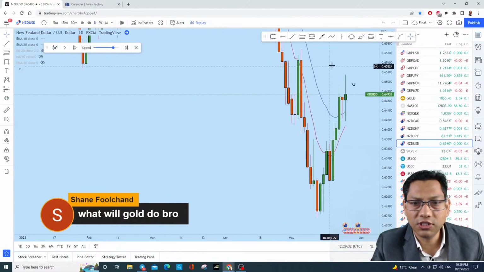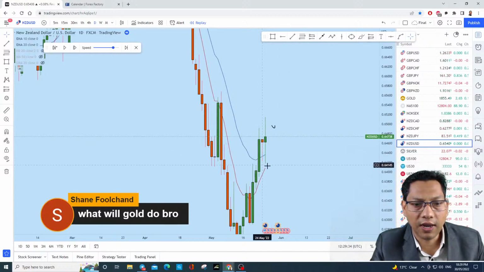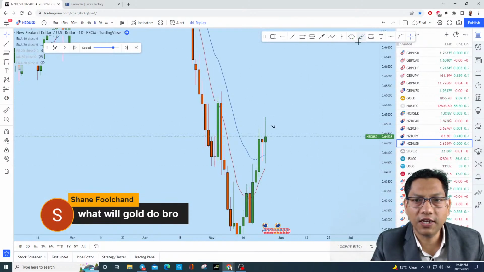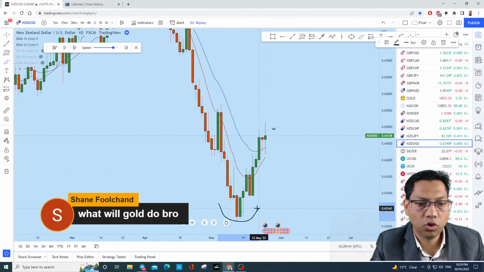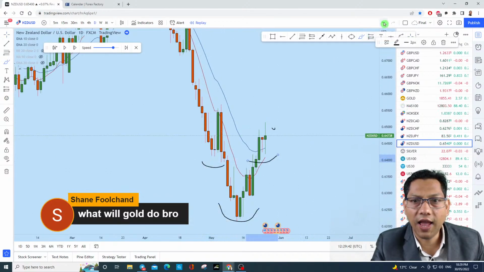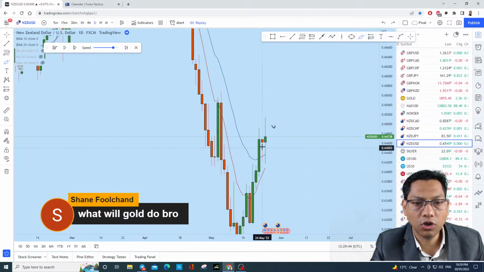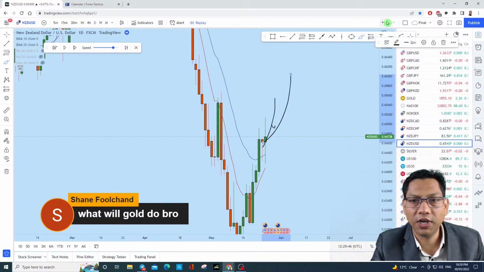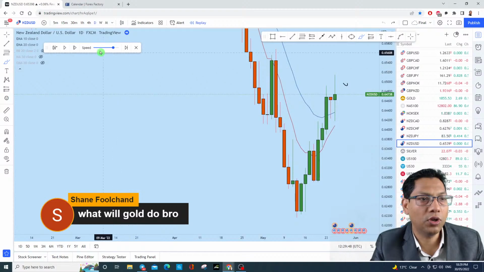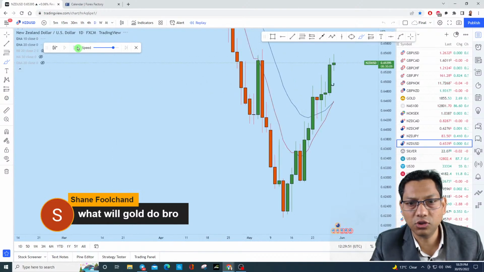So when I saw this daily green doji, a bullish doji, it created an inverted head and shoulders, a nice looking green doji. It's a bullish pattern and the price did according to analysis. It has to do.